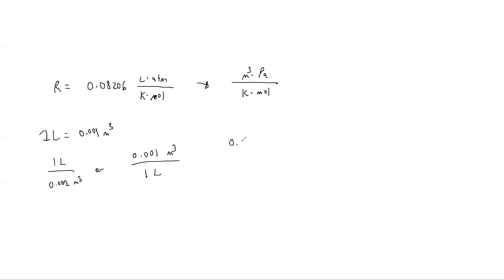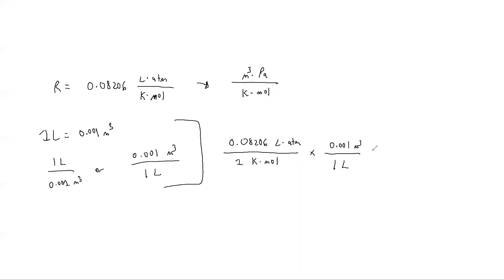We have 0.08206 liter atmosphere over, I'll draw a little line right here so we don't mix it up, over 1. Remember that denominator is always 1, Kelvin mole. Okay, I got liters up top in the numerator. I want to get rid of them. So that means I have to have liters in the denominator. 0.001 meter cubed.